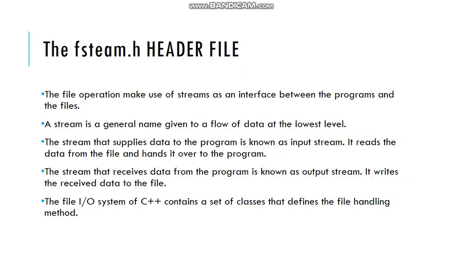In C++, file input or output operations are very similar to console input and output operations. So the file operation makes use of a stream as an interface between the program and the file. A stream is a general name given to a flow of data at the lowest level.